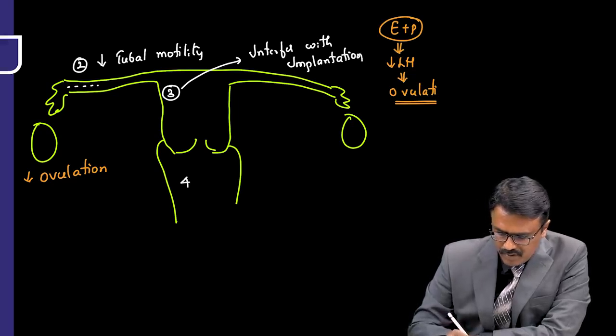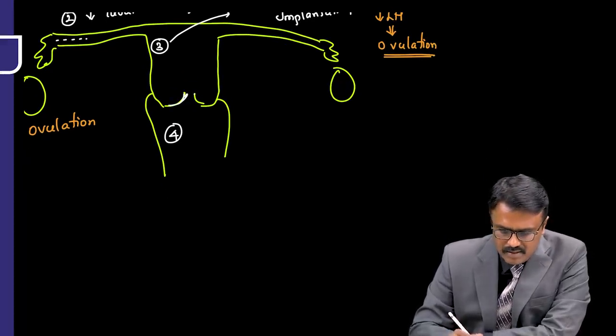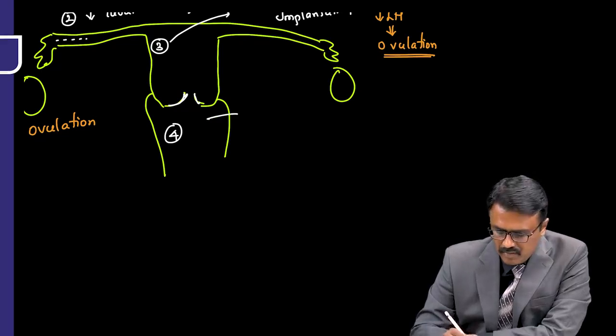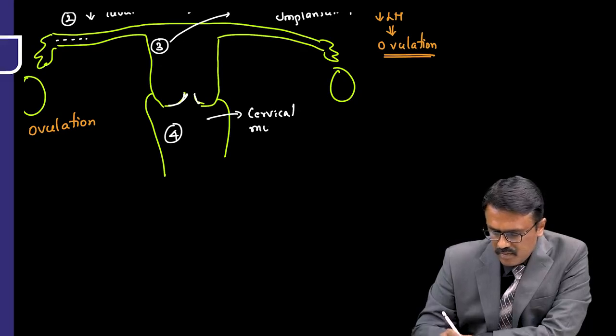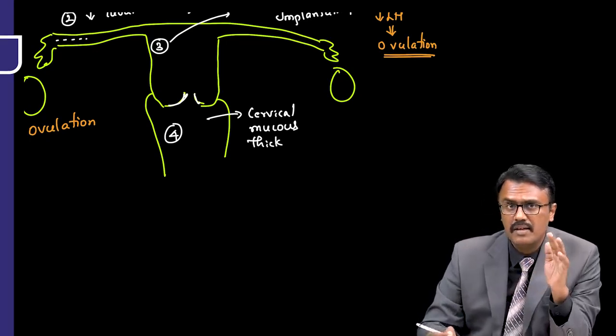And number four, what do they do in the cervix? In the cervix, they make the cervical mucus thick. Now, if the cervical mucus is thick, the sperm cannot easily enter inside.